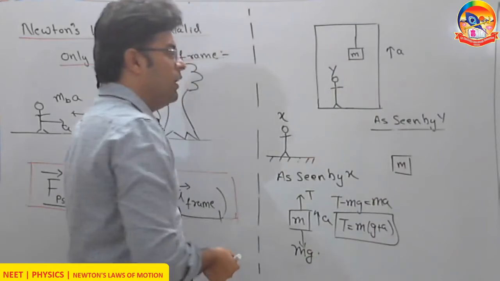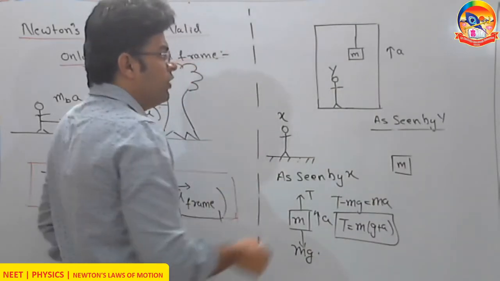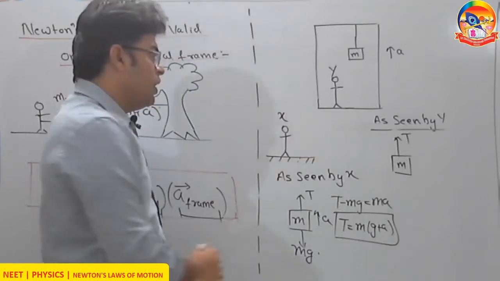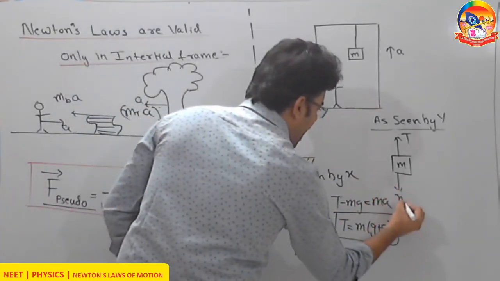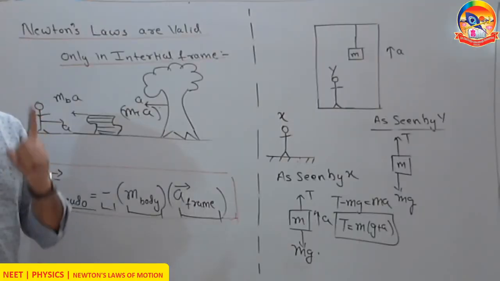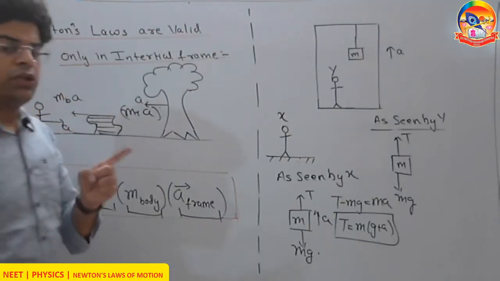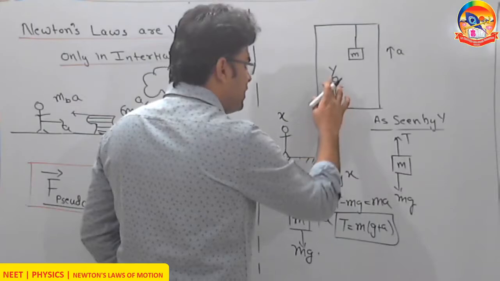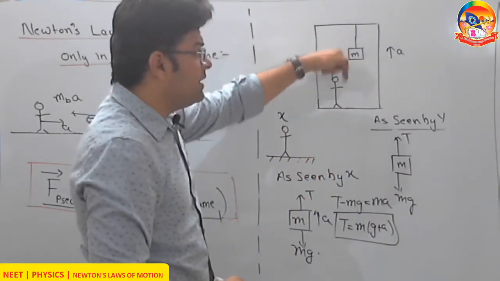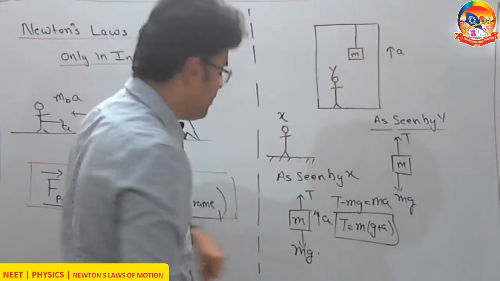So now, what should Y actually do? In the frame of Y, Y will say there is a force of tension T upwards, a force of gravity mg downward, and Y should also apply a pseudo force in the direction opposite to the acceleration of the frame. Since Y has an upward acceleration, the pseudo force must act in the direction opposite to the acceleration of the frame. How much?